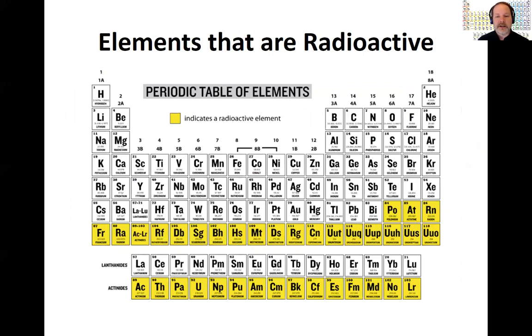There are 83, we would say, stable elements up to bismuth, and then starting at polonium, number 84, that's a good number to remember. At polonium and higher, all of these elements, all of their isotopes are radioactive. They are decaying. They are giving off these particles.